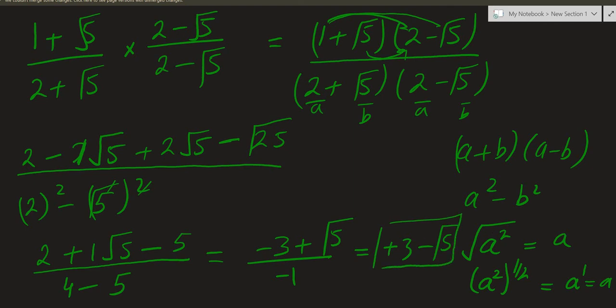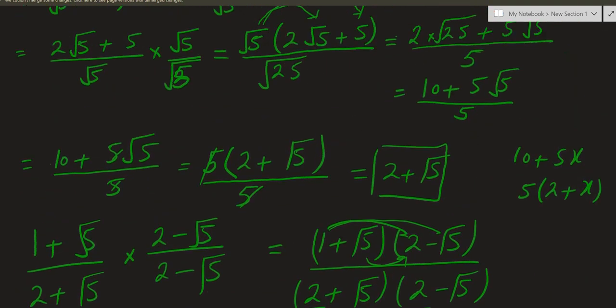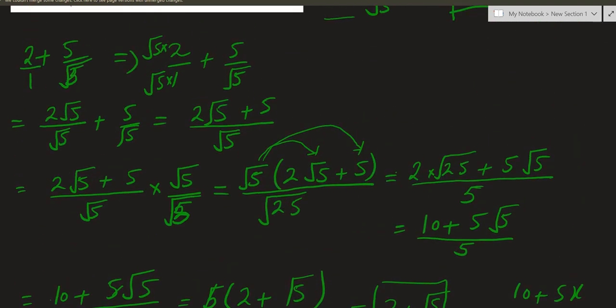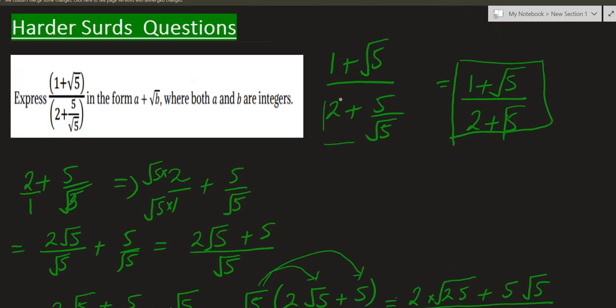A bit lengthy, but just follow the steps of how you can do this question. This question looks harder, but you can see now, just follow the steps and you will be able to do it. These kind of questions always come in the exam, so just follow the rules of the surds and you will be successful.